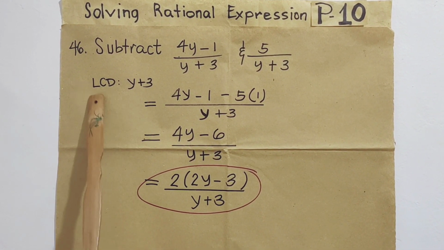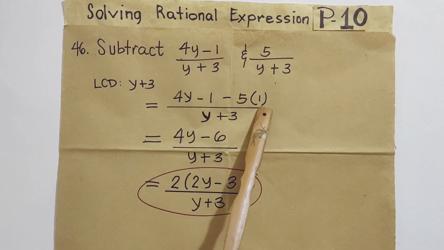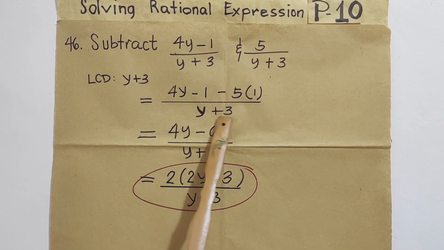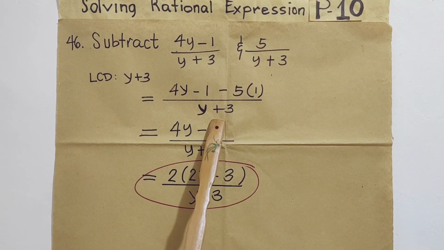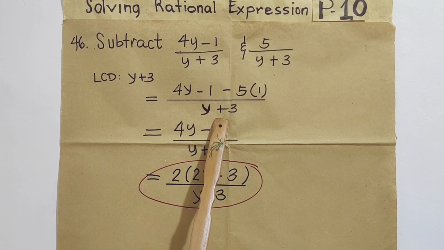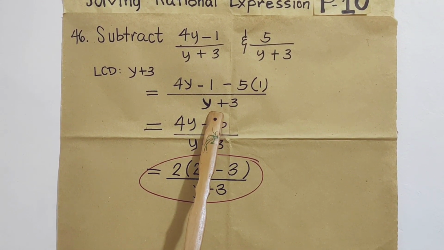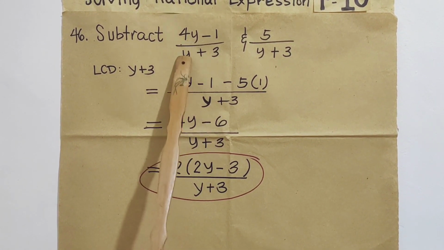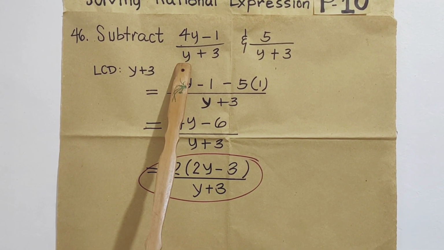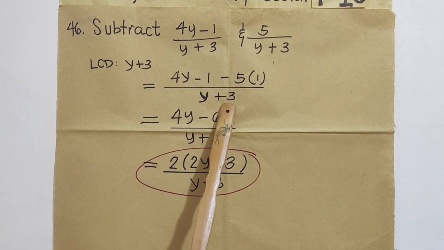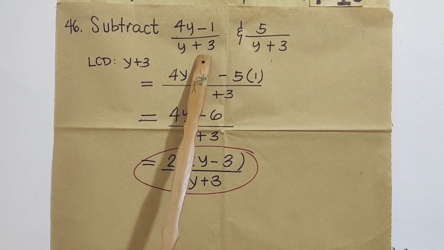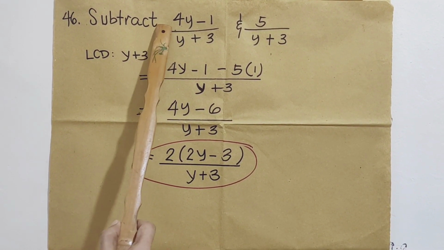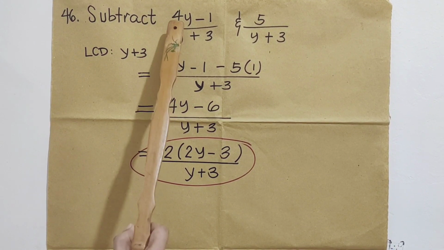Upon knowing the LCD, we're going to draw a line and write the LCD below as the denominator. Then our second step is to divide the LCD by the denominator of the first rational expression. So y plus 3 divided by y plus 3 equals 1, then multiply to the numerator 4y minus 1.